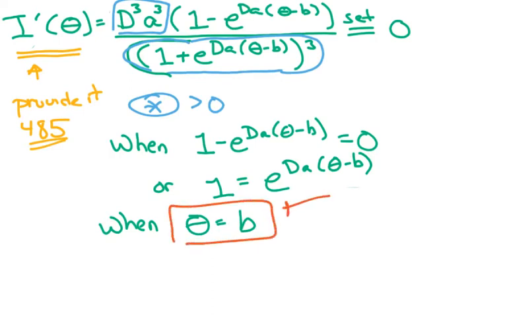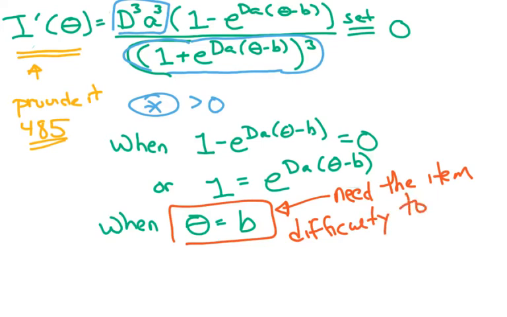So this shows that we need the item difficulty to kind of match the ability distribution.